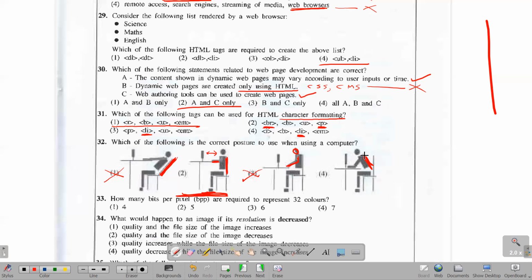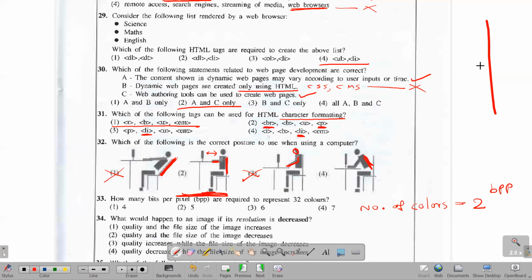33rd, how many bits per pixel are required to represent 32 colors? The relationship between colors and bits per pixel is: number of colors equals 2 to the power bits per pixel, right?